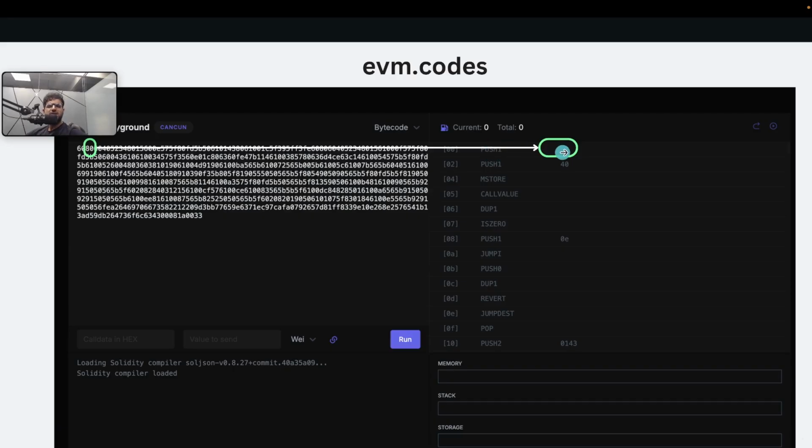I'm trying to push this number somewhere. We'll come to where it gets pushed. Then 60 again. What was 60? Push1. Then afterwards there was 40 over here. So 40 is the number that I'm storing. If the next instruction was add, can you guess what would have happened?